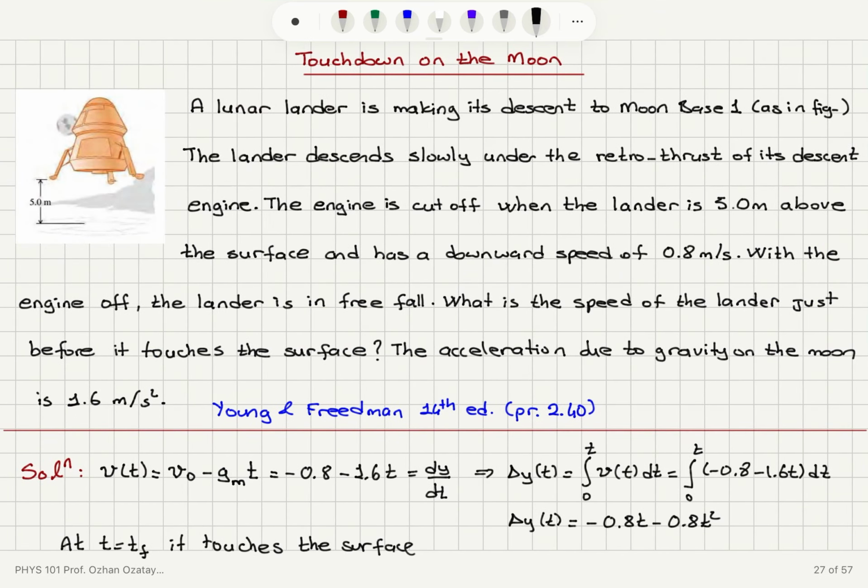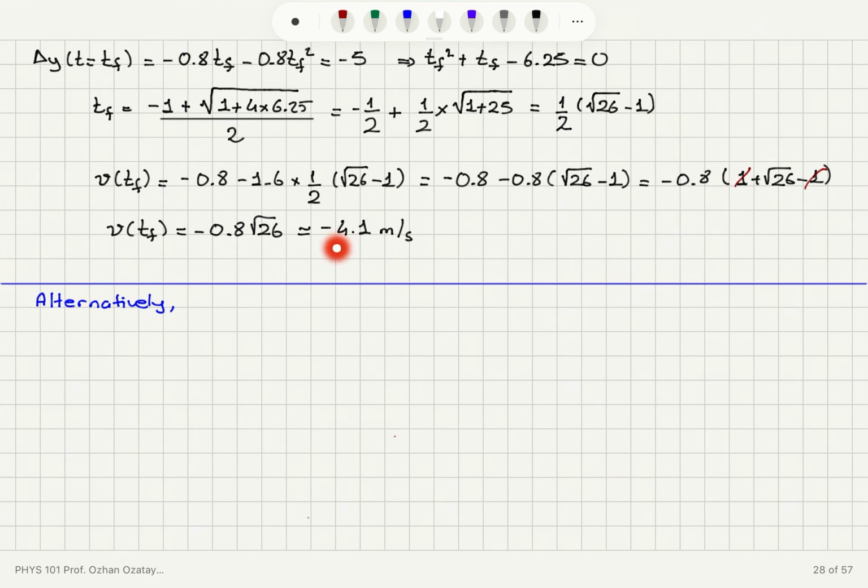I checked the number of significant figures. It's 2 here, so it is reduced to 2 significant figures, minus 4.1 meters per second. All right, so the minus sign indicates that the velocity vector is pointing downward.